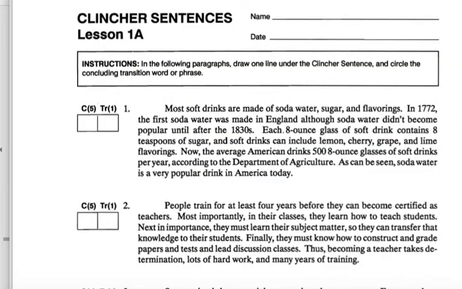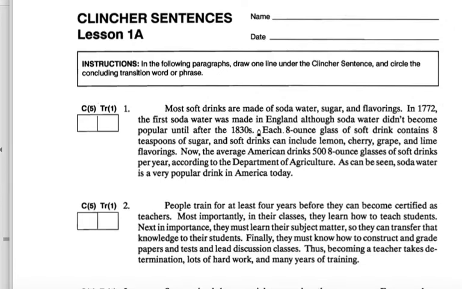What they want us to do is to draw one line under the clincher sentence and then circle the concluding transition word or phrase. So I want us to read the paragraph first, be able to identify your topic sentence, the type of transitions that are being used, and then we will be able to identify the concluding sentence, the clincher sentence.